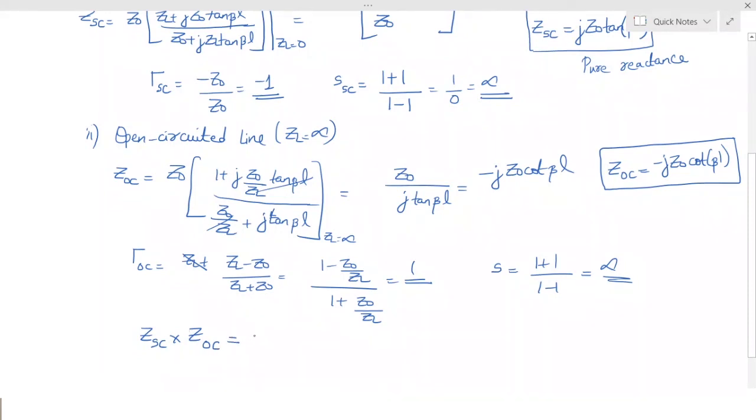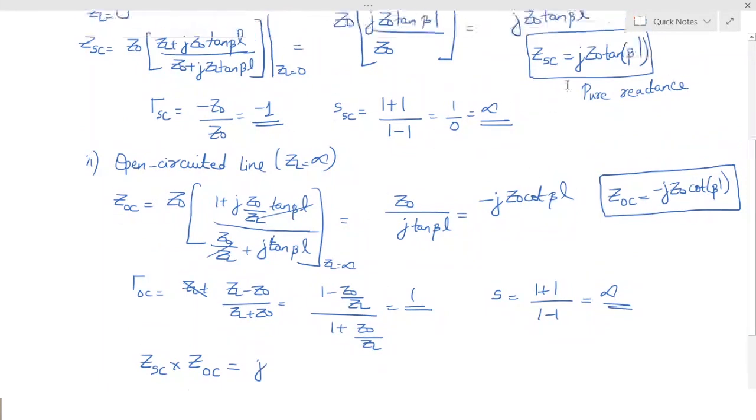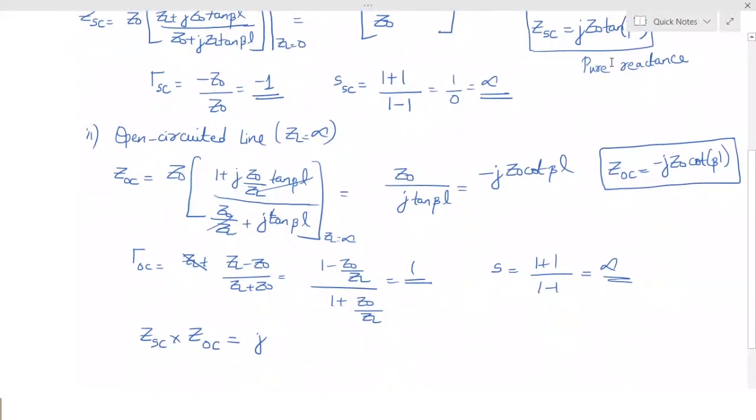ZSC into ZOC will be, first value, you can see here, it is j Z naught tan beta L, into minus j Z naught cot beta L. Tan beta L and cot beta L multiplying will be 1. Again j square, minus 1 into minus 1, is again 1, and what you will be getting is Z naught square.